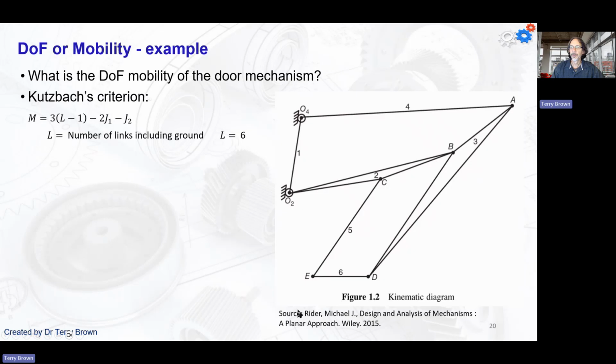Now there's a possibility that some of you got 10, because you counted 3 links here instead of just 1. We'll see what happens if you had done that in a second. But here, link number 2 and link number 3 are rigid bodies like this. Look at me in the video.